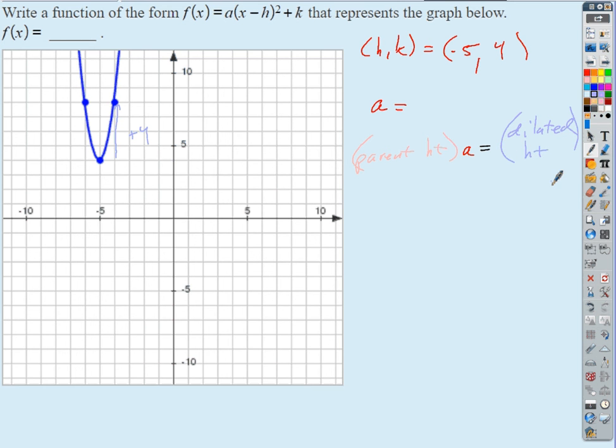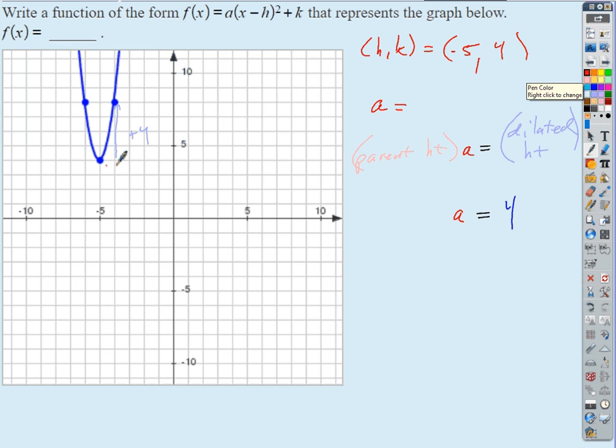Everybody agree? Okay. So if I'm trying to find A, I know what the parent height is, I know what the dilated height is, I want to find out what A is. So in this case, the dilated height is 4. What would the corresponding parent height be?